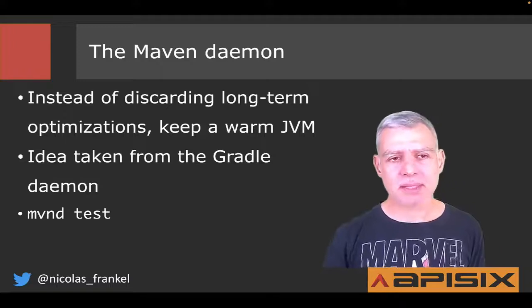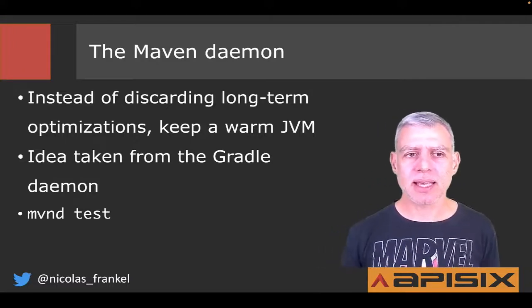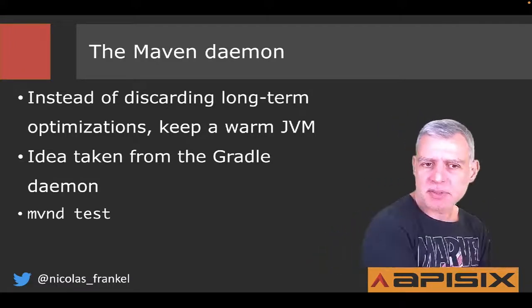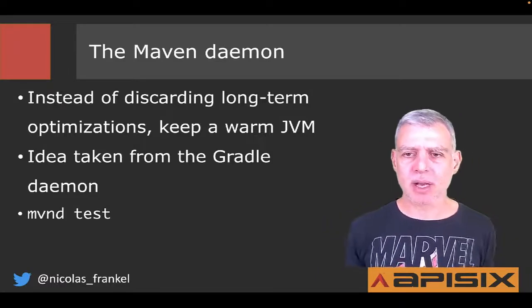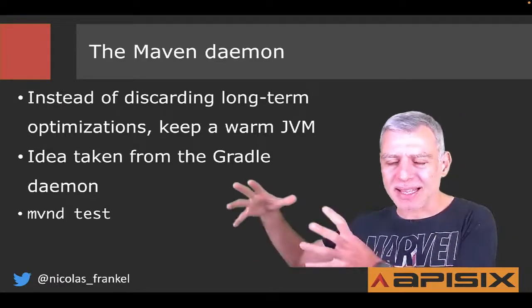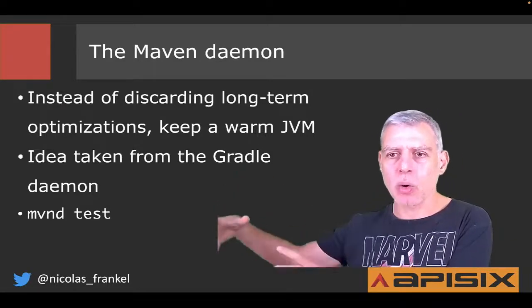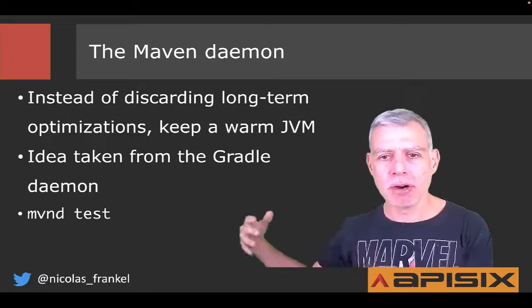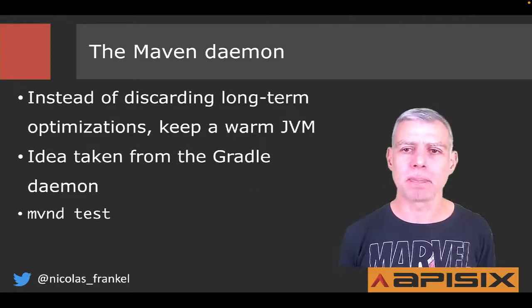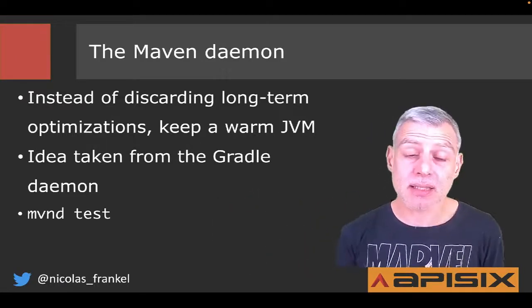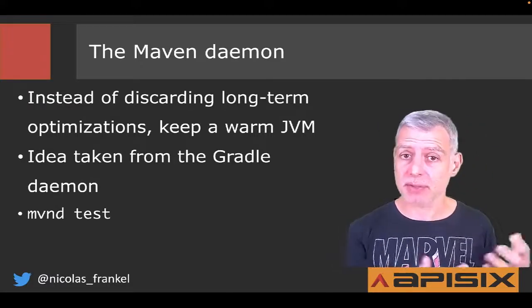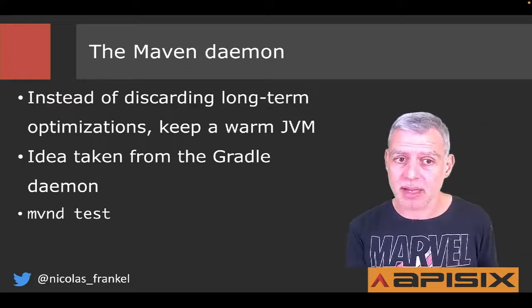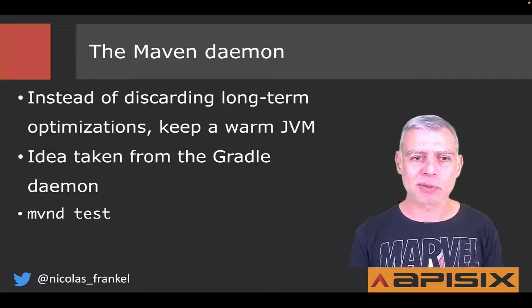On the opposite side, what we can do is, hey, we have discarded optimization because a build is not a long-running process, but what if we kept a warm JVM running all the time? And it makes a lot of sense. The idea comes from Gradle, and I dislike Gradle, but they have good ideas, and Maven took it from Gradle.